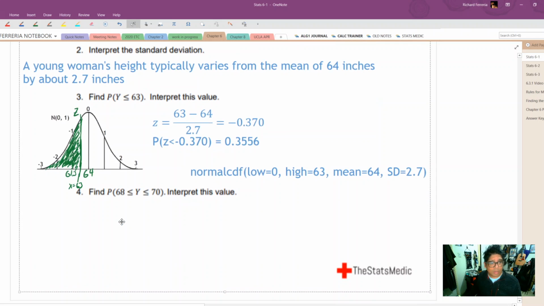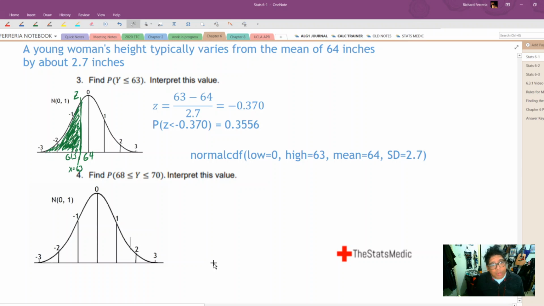Moving on. Find the probability that a young woman's height is between 68 and 70, and interpret this value. So starting with our normal curve, we're going to identify our region, and we're also going to add some of the standard deviations and the means along the way. So here's our normal curve.